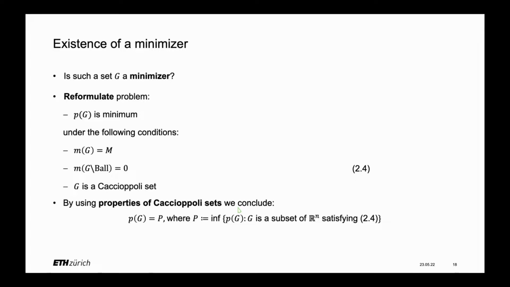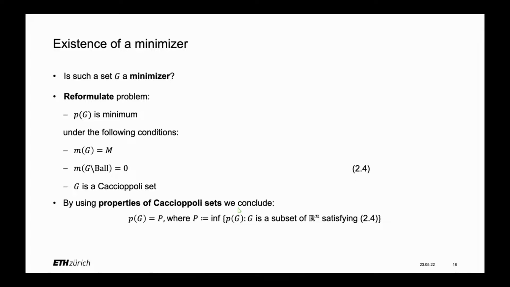And now we can reformulate the problem as P of G, the perimeter of G, is minimum under the following conditions: the measure of G is equal to M, the measure of G without our ball is equal to 0, and G is a Cauchy-Pauli set. So these three are exactly the conditions we've seen before. Here I've left out some properties of Cauchy-Pauli sets since the time doesn't allow me to elaborate on that too much.